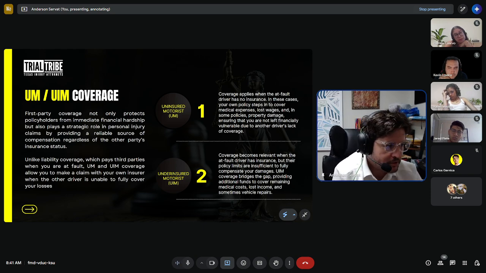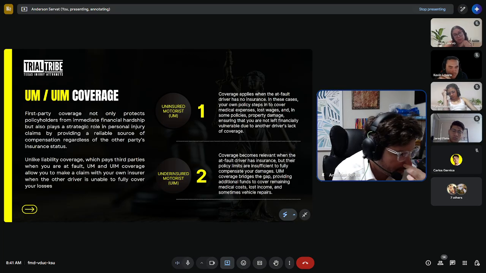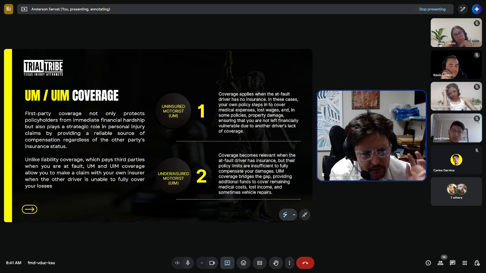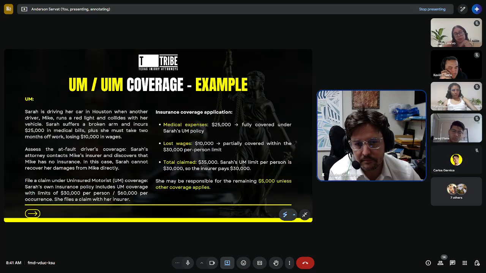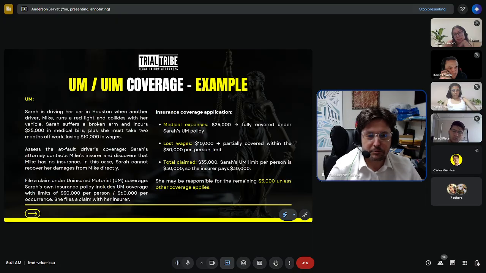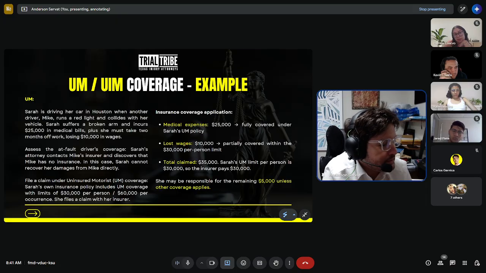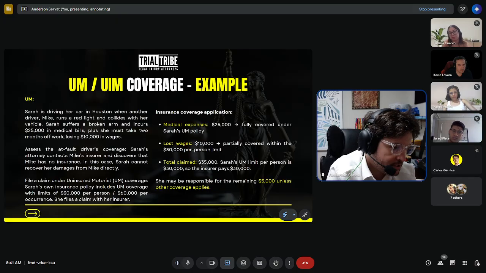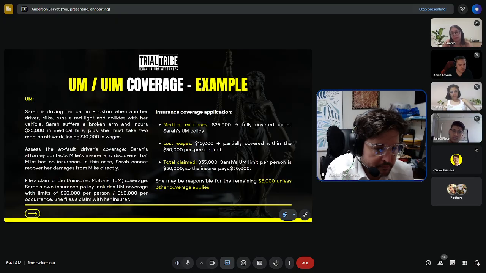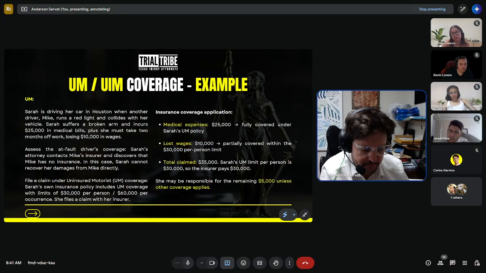UIM, they have insurance, but it's not enough to cover all the treatment and all the expenses related to the accident and the injury that the person needs. Basically, if the bills are more than the coverage the other driver has, we charge the difference to the first-party insurer, that's the UIM in this case.